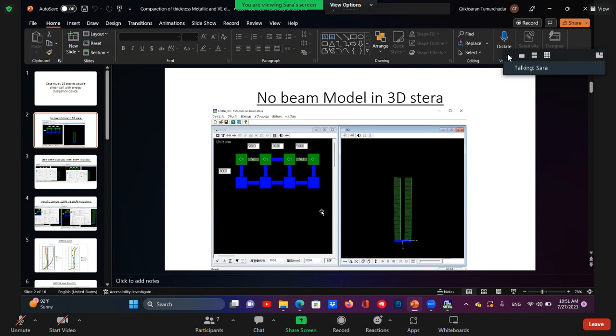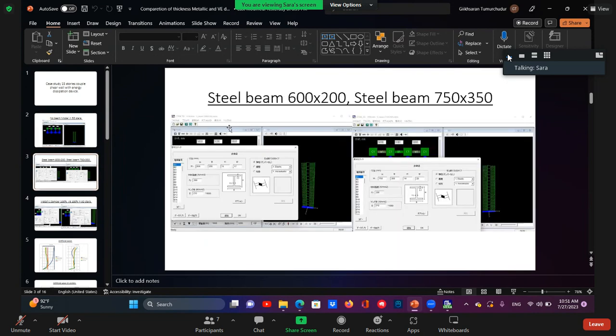First, I built a structure with no beam model in Stereo 3D, and next, steel beam 600 and 200, and steel beam 750 and 350 models in Stereo 3D.